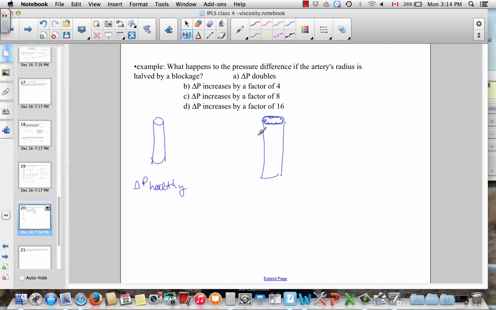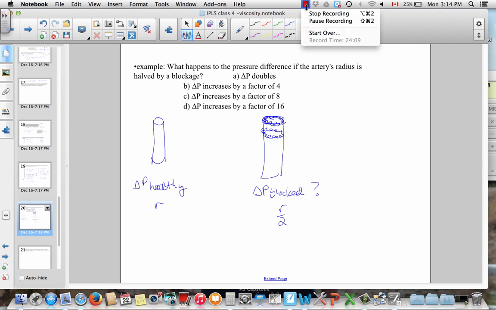These are supposed to be the same size diagram, but the radius is now a lot smaller in this one. So what will be the delta P blocked? We're going to do this using proportional reasoning. So does cutting the radius in half, so if this is R, this is half R, what does that do to the pressure difference? Think about that for a minute. It's multiple choice, and then have a look at my answer.